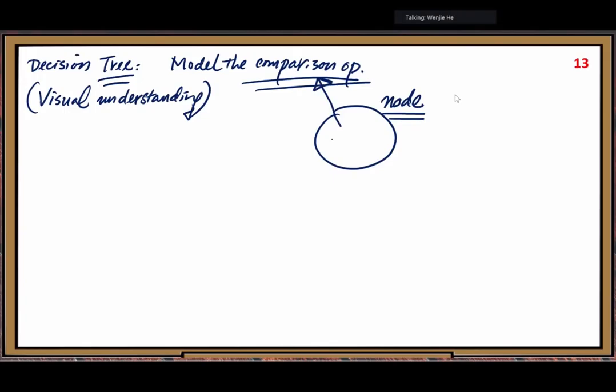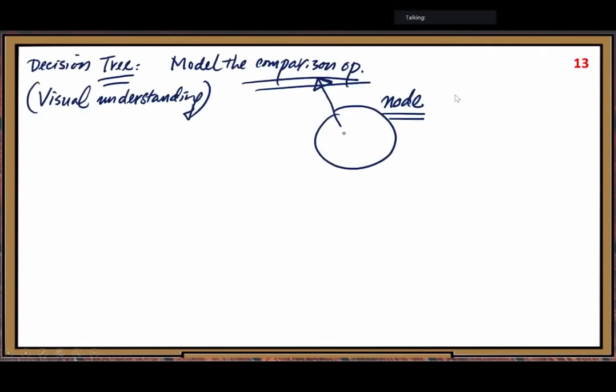So here, let's compare two elements, X and Y. Here, I use this colon to separate. X and Y, we do comparison. When we do comparison, we interpret it as we make a decision.